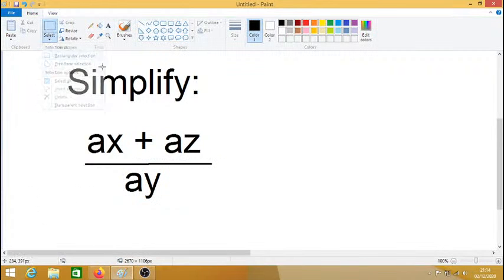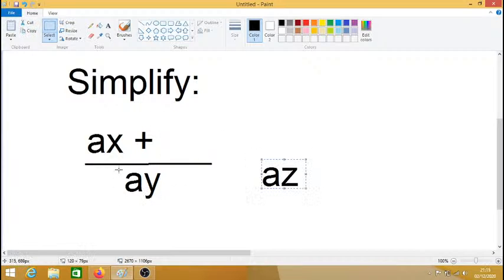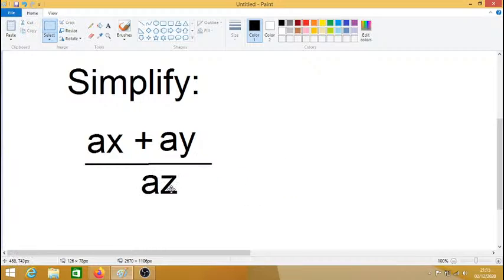So in fact, let me make it exactly the same as what the book has. And have a go. Just try to spot how you can rearrange it or manipulate it, change it a bit so that you've got the same number being divided by the same number, and see what you get.